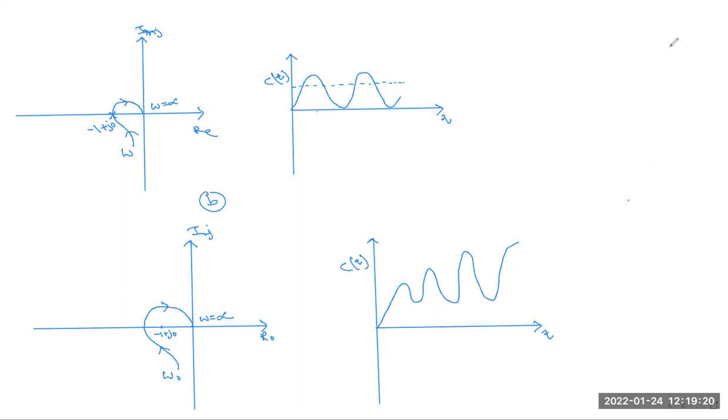Okay, so then this system is called the unstable format. Is it clear to all of you? So this is basically the Nyquist plot and the corresponding step response.